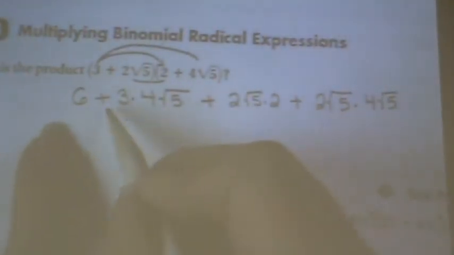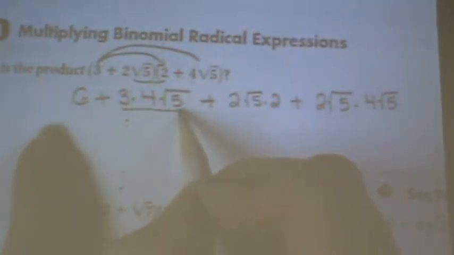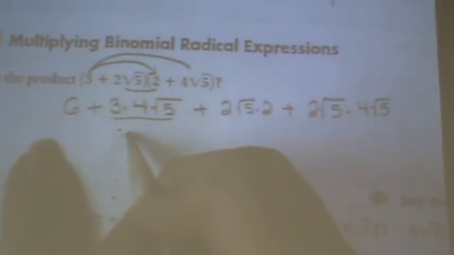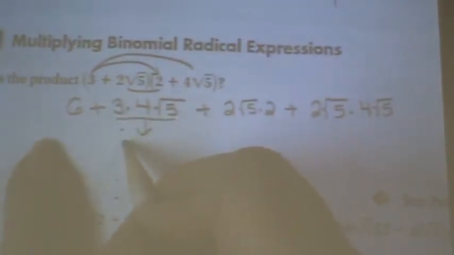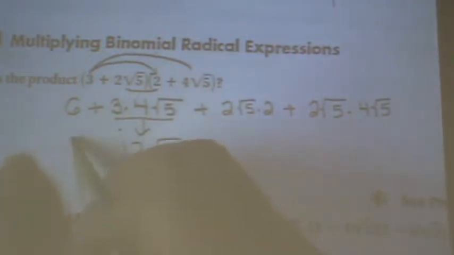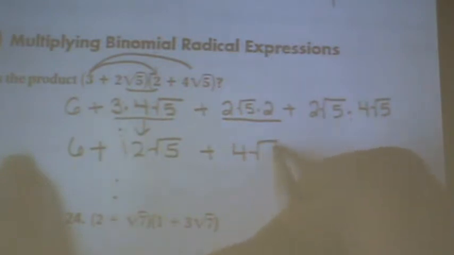Okay, now let's simplify. What do you get right here? We can multiply these two. 3 times 4 root 5 is what? 12 root 5, good. What do you think you get right here? 2 root 5 times 2 is 4 root 5.